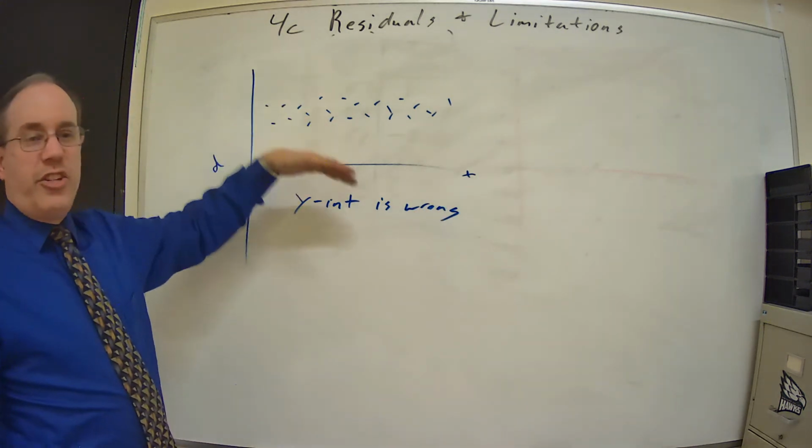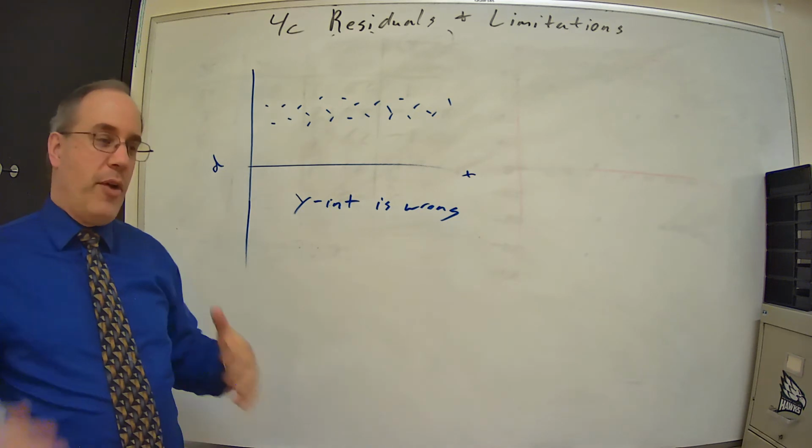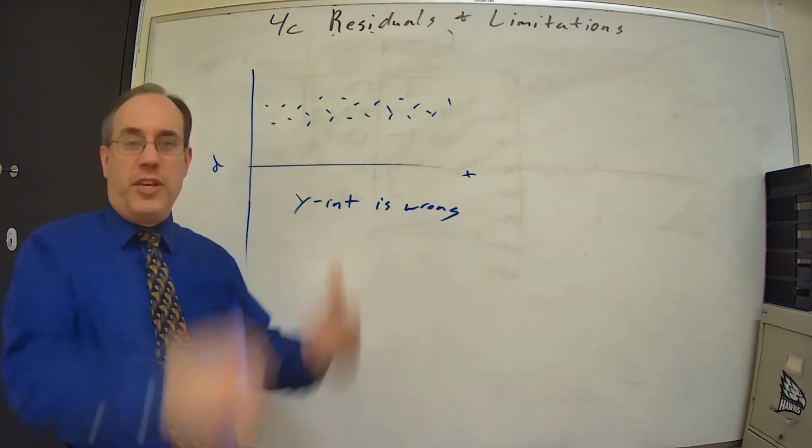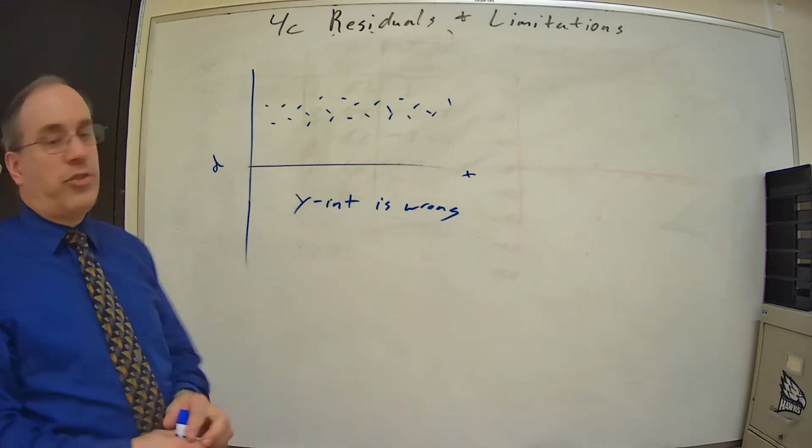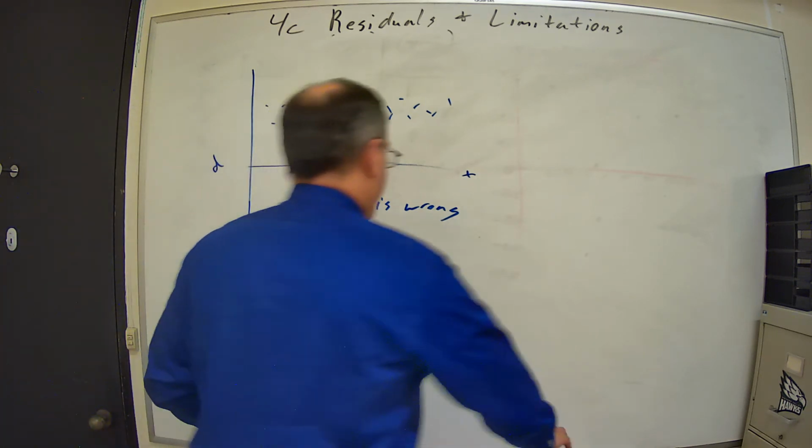Because everything shifted by a certain amount. So my y-intercept, my base point, must be off. So that's what a residual plot will tell me.